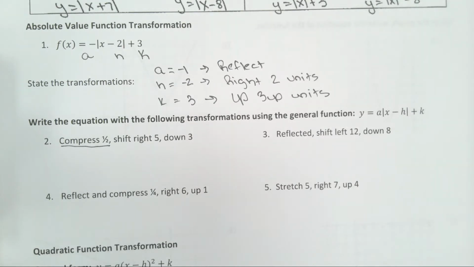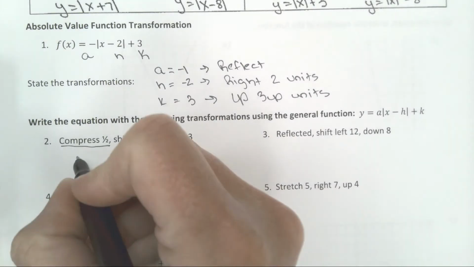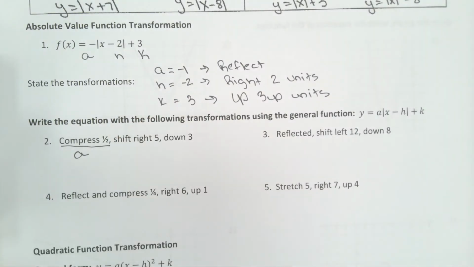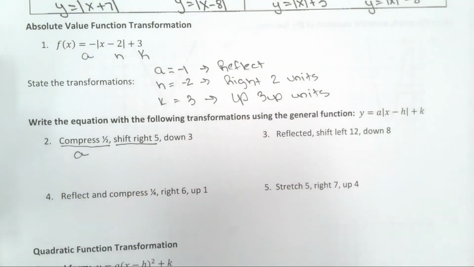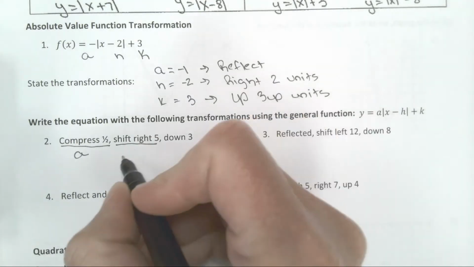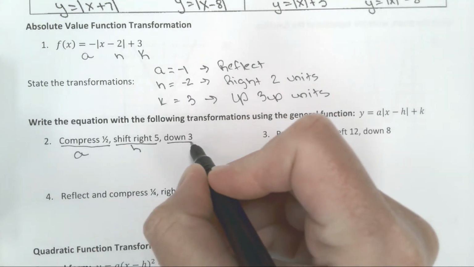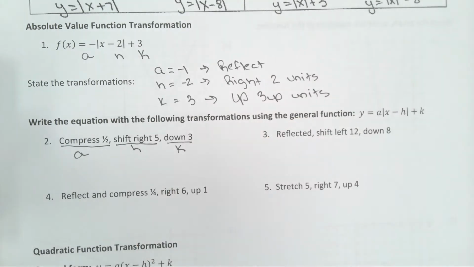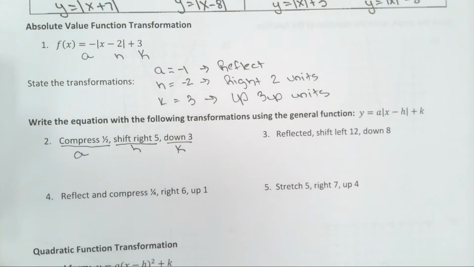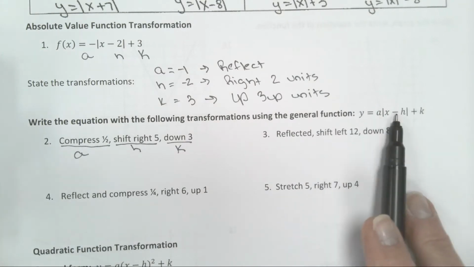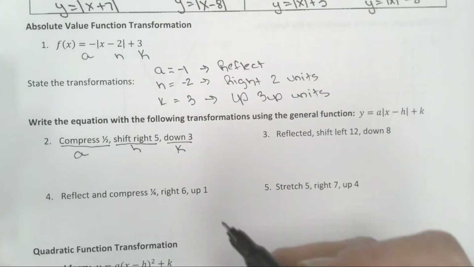So if you look up at your notes at the top, the phrase compress is associated with A. So A is going to be 1/2. If it goes to the right, that is associated with your H, and it moves down 3, that phrase is associated with K.